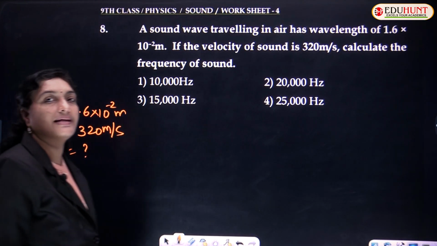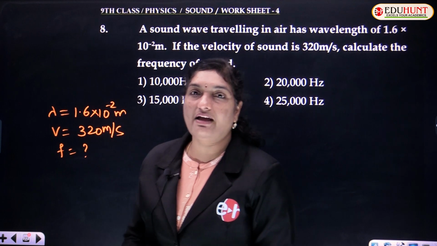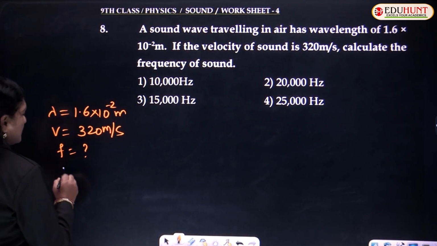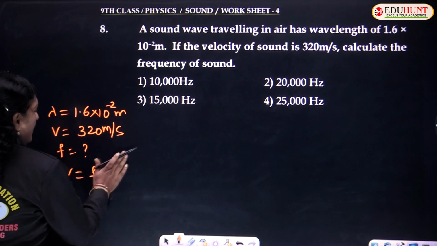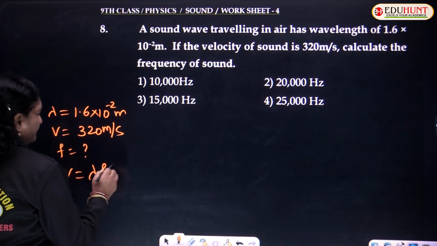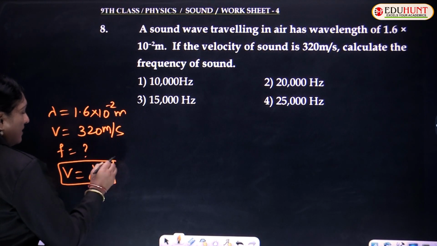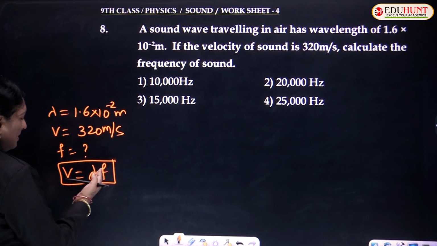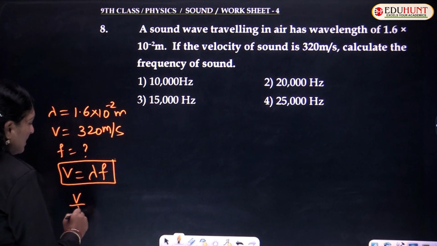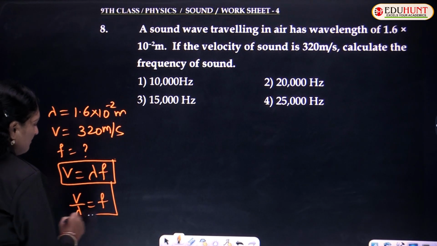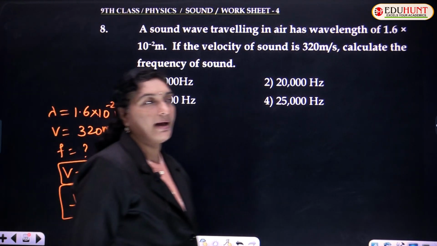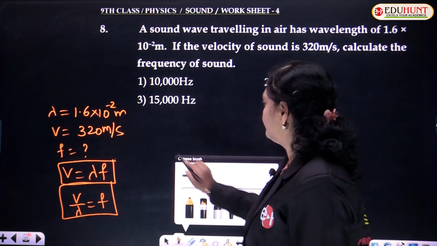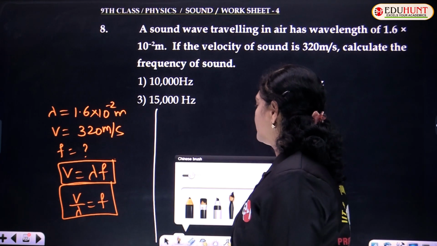So, before starting, let us recall the relation between V, F and lambda. So, what is the relation, children? The relation between V, F and lambda is V equals lambda F. But as you want to find out the value of F, keeping the F here, bringing the lambda to the other side, V by lambda will give you the value of F. So, let us substitute and solve.